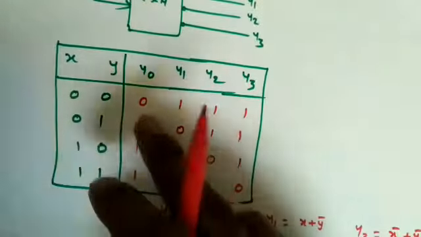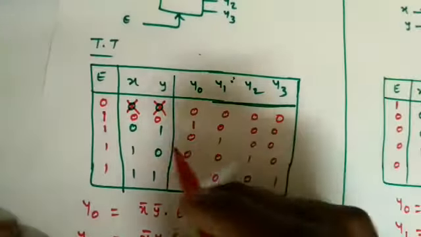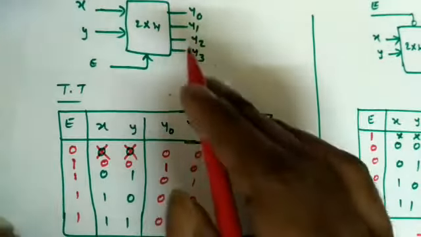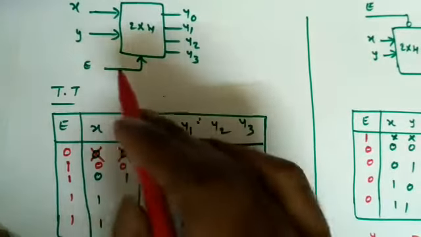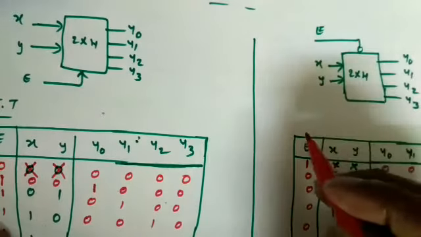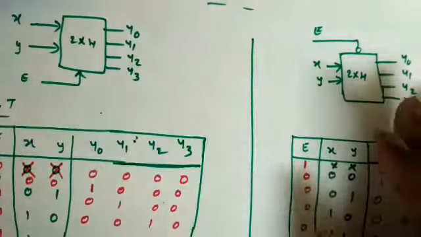See here, this is the corresponding truth table for active low outputs. But if I see this one, it looks like active high outputs. So whenever there is no bubble, active high outputs. Whenever there is a bubble, active low outputs. Similarly, when there is no bubble, active high enable input. Whenever there is a bubble, active low enable input. So this is about the 2x4 decoder, all possible combinations.